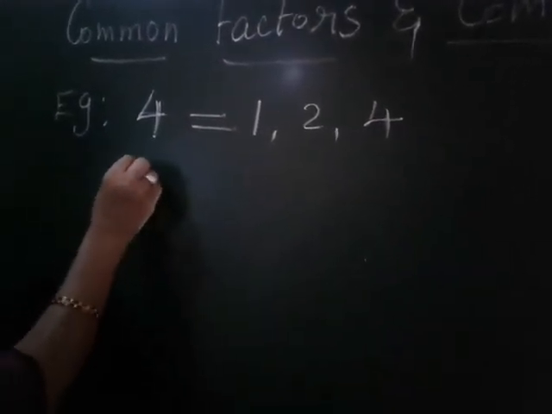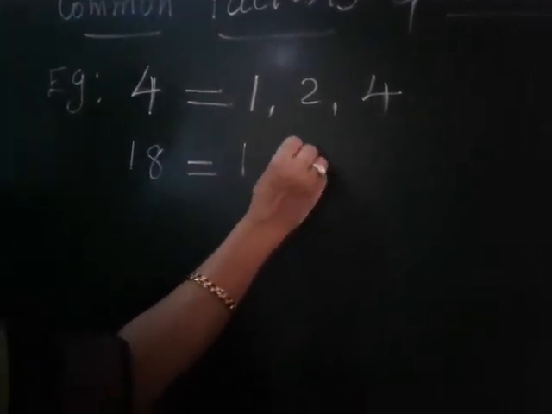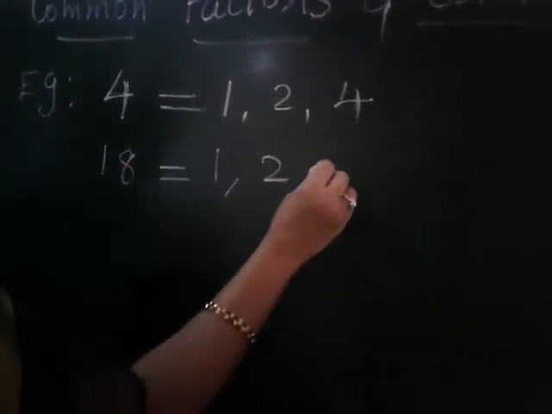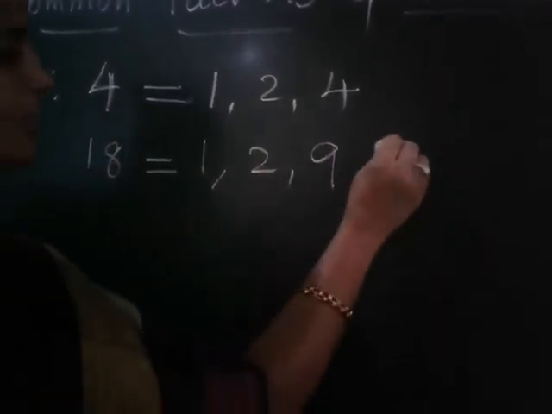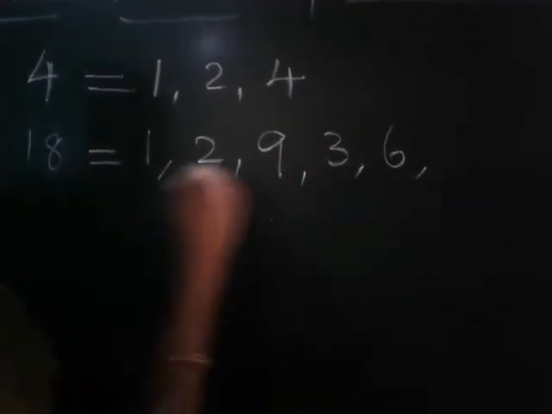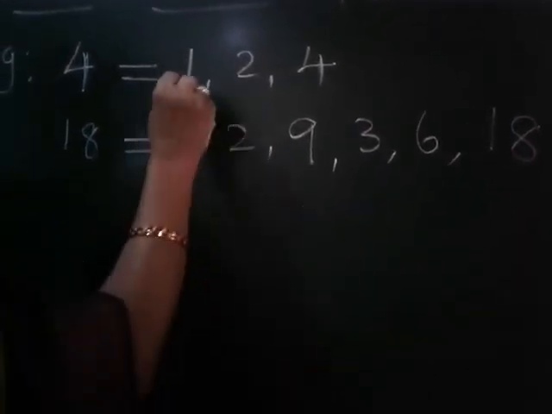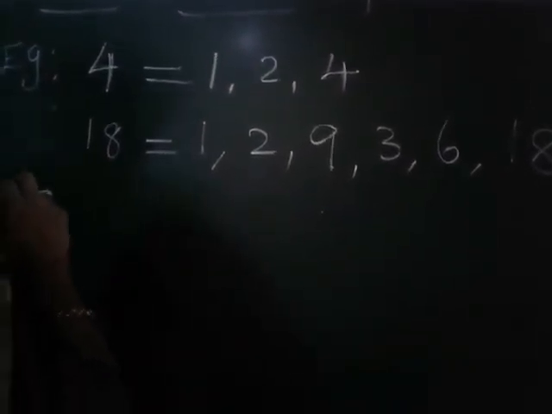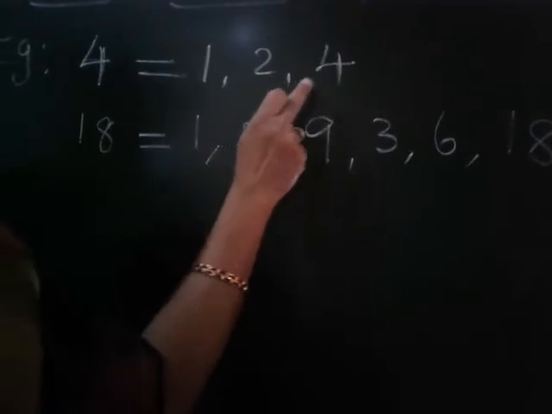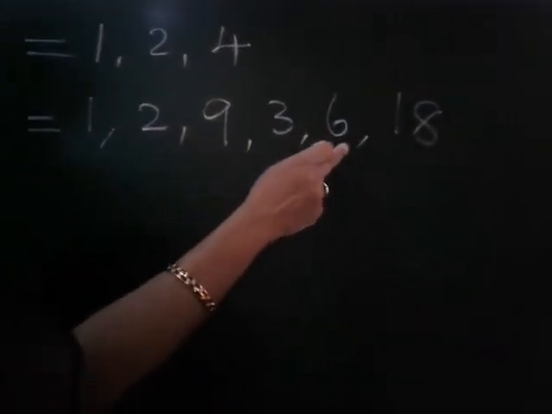What are the factors of 18? It will go in the 1 table and the 2 table. 2 nines are 18, so 9 is one more factor, and 3 sixes are 18, and 18 ones are 18. As you already know, 1 and the number itself are compulsory factors of a given number. So 4 has only 3 factors, and 18 has 1, 2, 3, 6, 9, 18, so 6 factors.